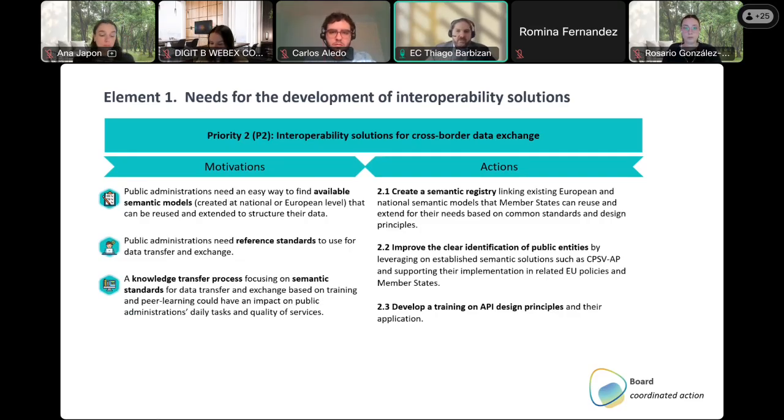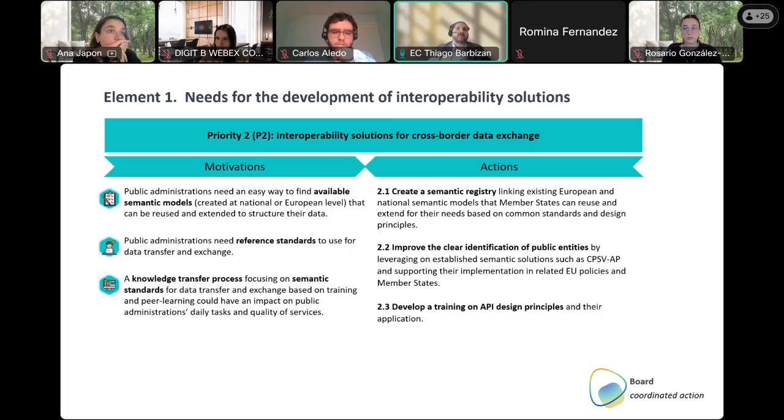So here we are really talking about what the needs of public administrations are in order to be more interoperable, to really provide digital services that are interoperable. You can see that the actions are linked to the creation of a semantic registry, linking existing European and national semantic models that member states can then reuse and extend based on their needs, using common standards and design principles.